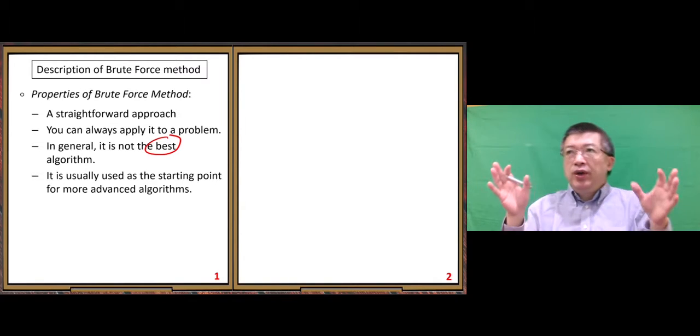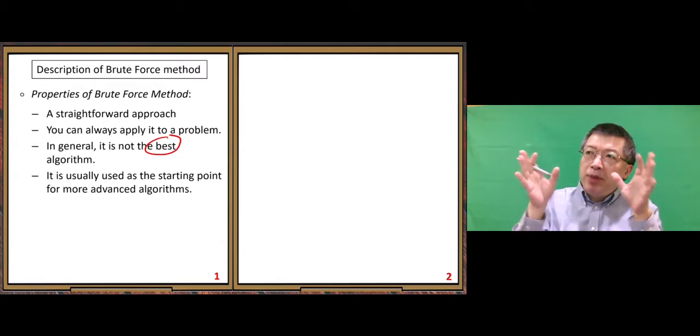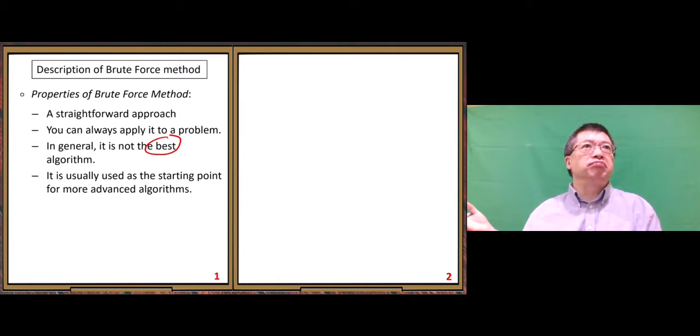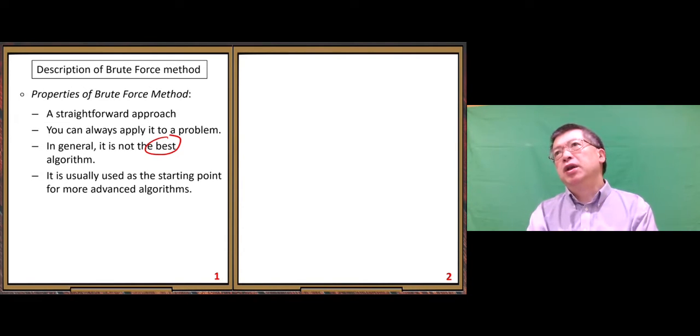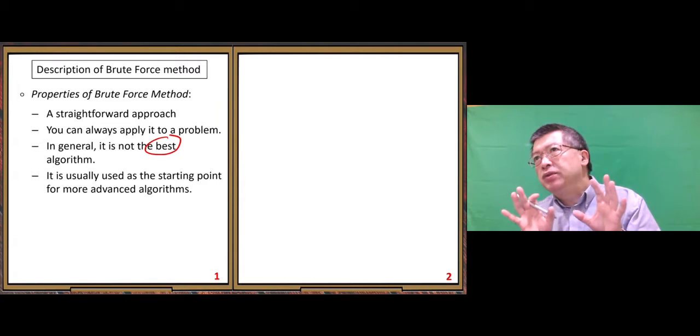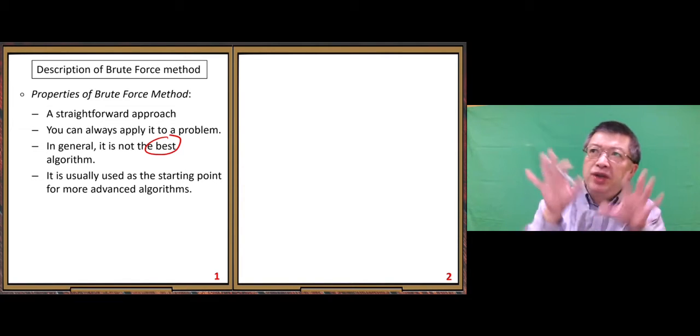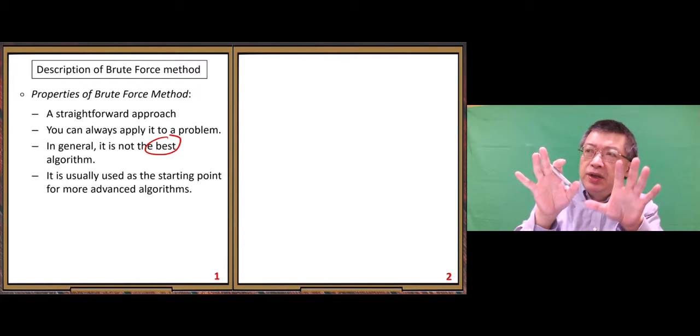Usually we do it this way. At the beginning, we do not have any idea how to solve the problem. So at the beginning, people like to try the brute force method to get a little more understanding.